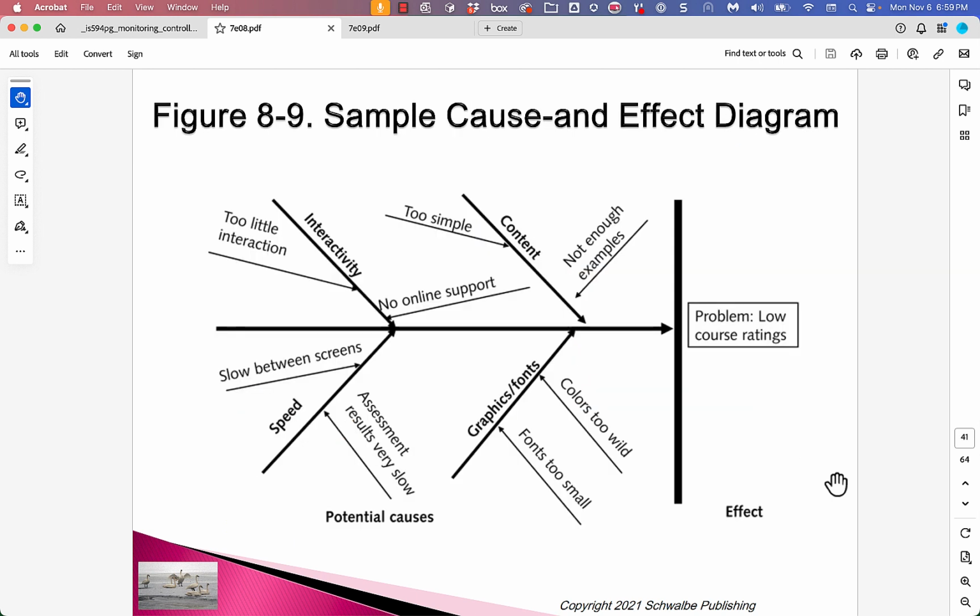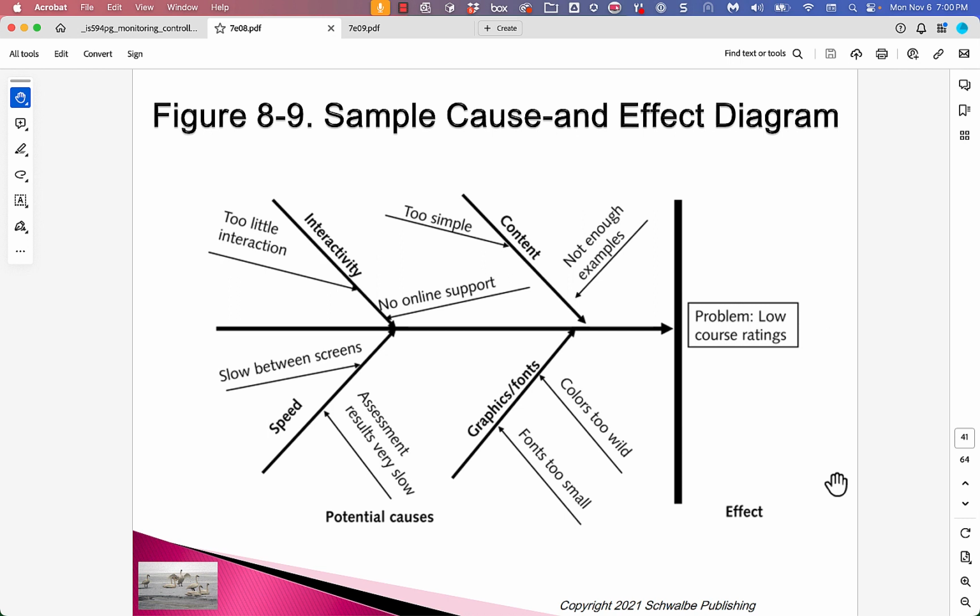So this is a simple cause and effect diagram. We talked about them in previous chapters. They're also called Ishikawa diagrams because it was Professor Ishikawa who came up with them or who popularized them.